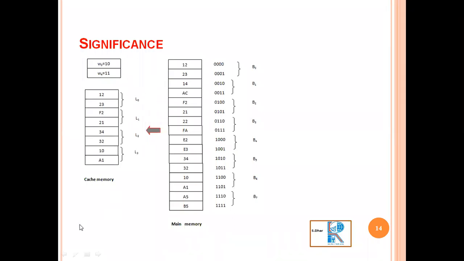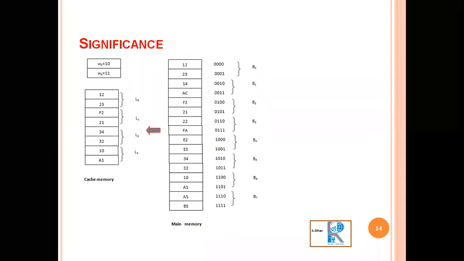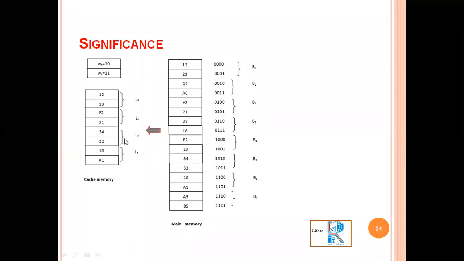Now suppose one address is generated and the processor has to search whether the data is present in the cache memory or not. So it will generate the tag field. It will search the tag field for this line number. If it is matched, it is a hit. If it is not matched, this is not yet a cache miss. It will go to the next line to check whether the tag is present. If it is present, okay. If it is not present, again it has to go to the next line number.